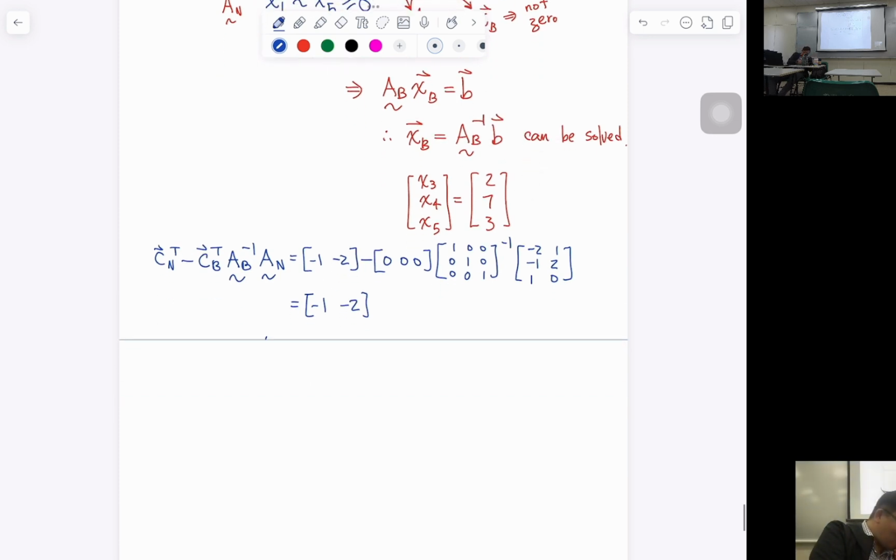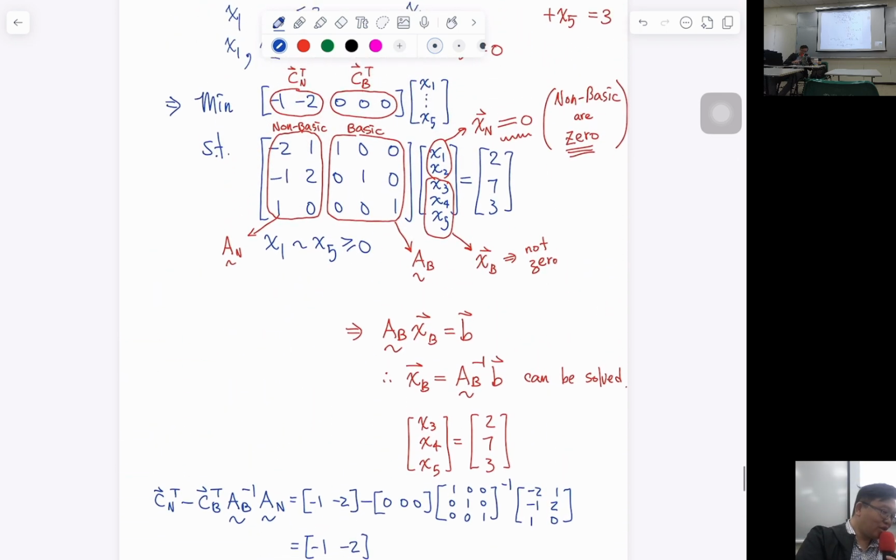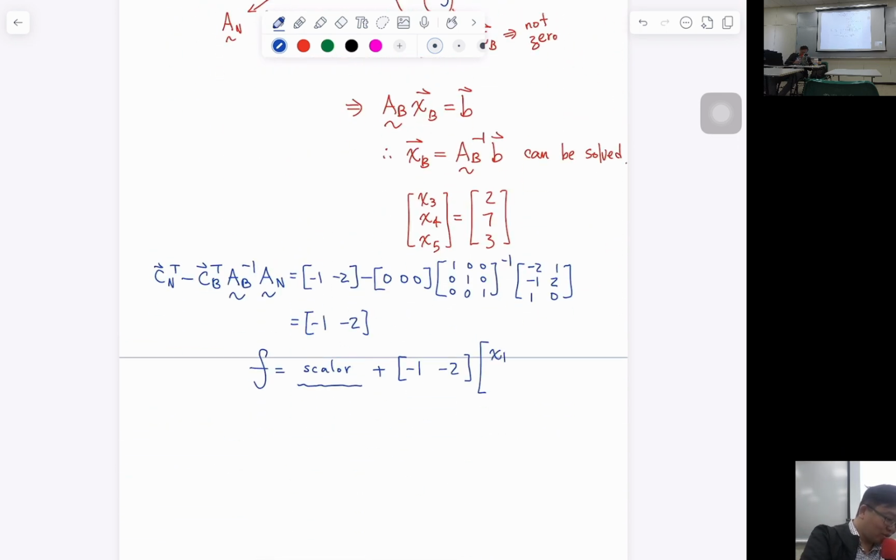It means in your objective function, you have some scalar plus -1, -2 times your current non-basic variable. What's your non-basic? x1 and x2. In fact, your objective function right now looks like this.